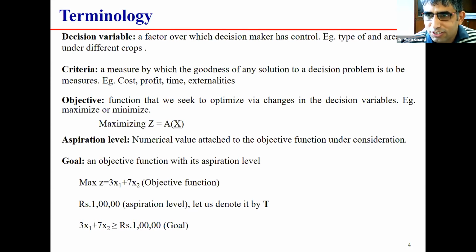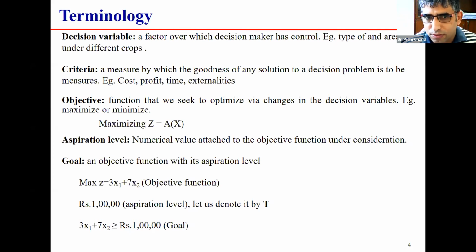We adjust our cropping in such a way that we can take 3 crops, so we are adjusting the time. Our criteria is time. Then externalities: our criteria is generating a minimum quantity of residues. So these are the criteria against which the solution is called good or bad.